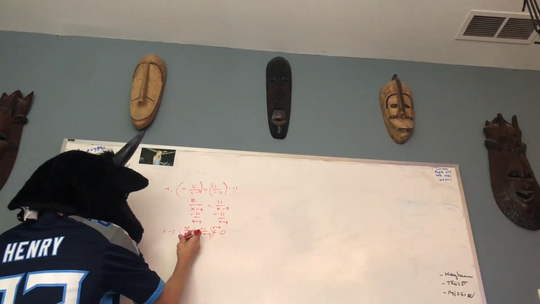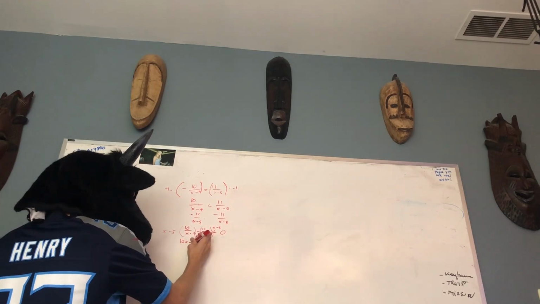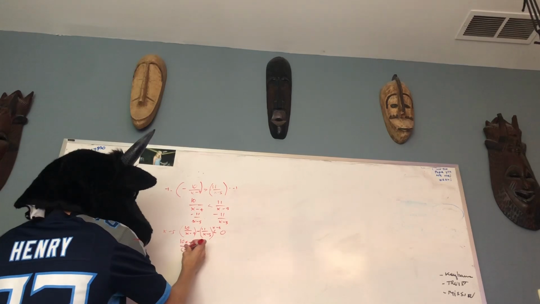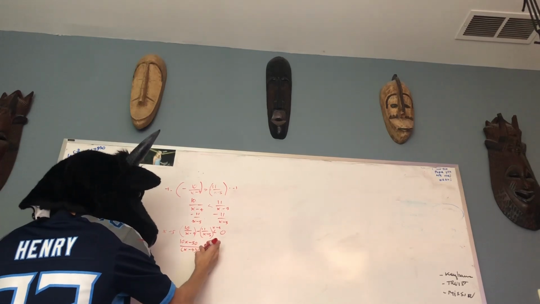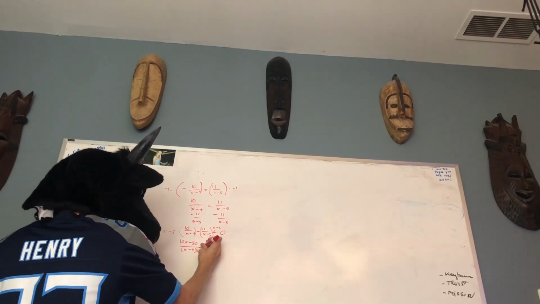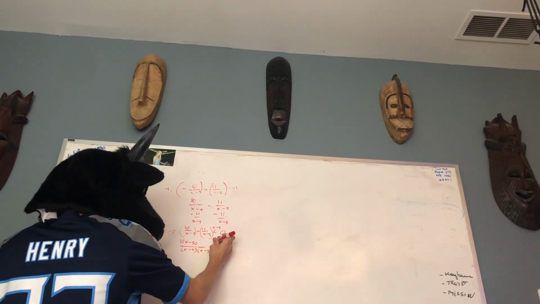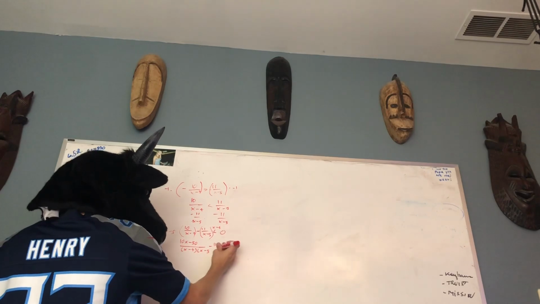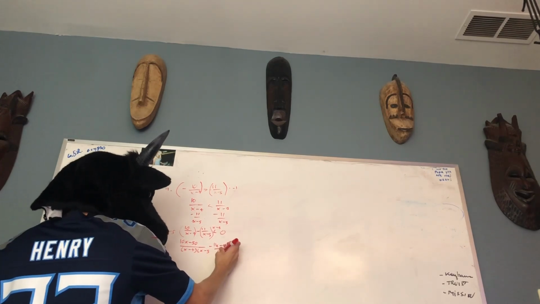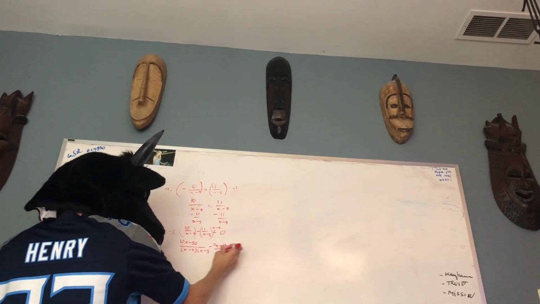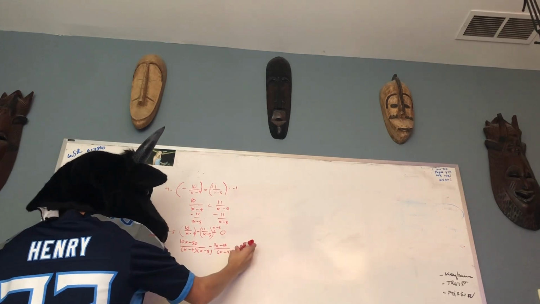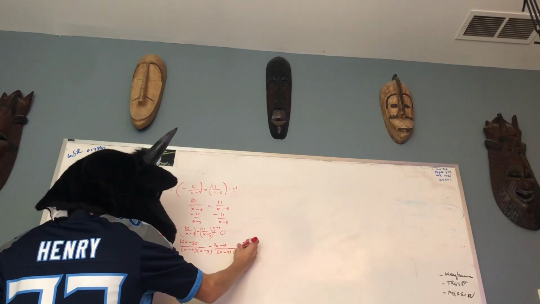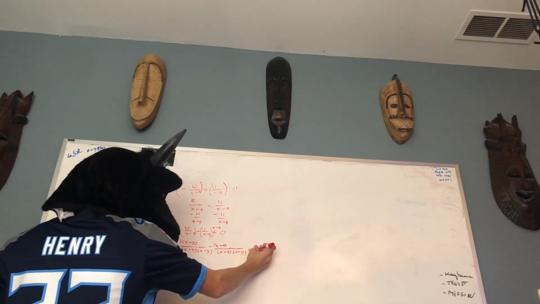So once you do that, you get 10x minus 50 over x minus 4, x minus 5, minus 11x minus 44 over the same denominator. And all of that should be less than 0.